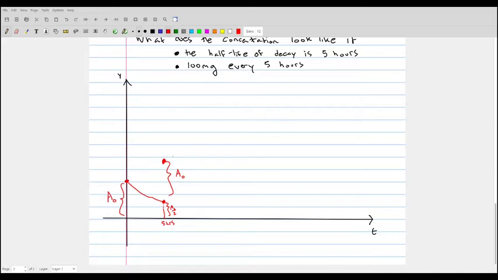And then once the drug hits this dosage right here, it ends up decaying again until it reaches half of this value right here.